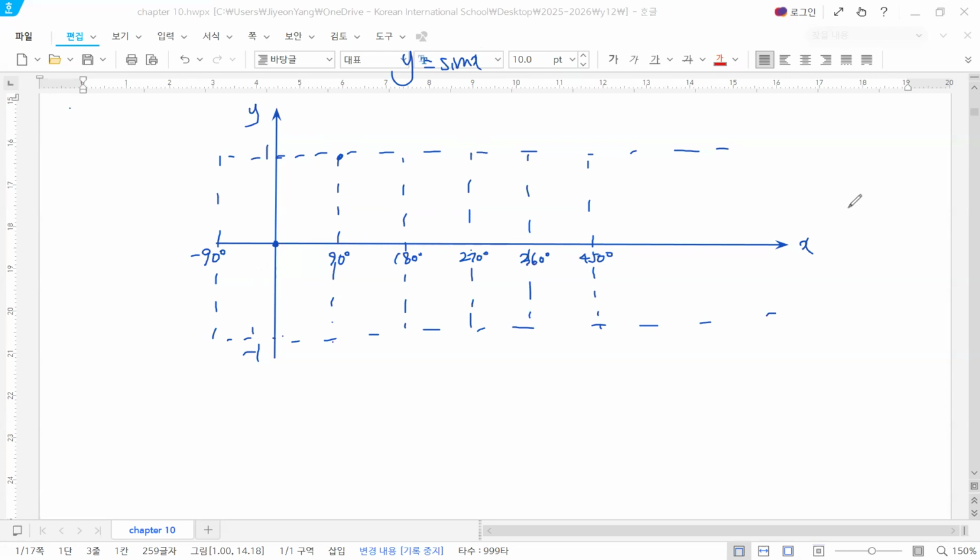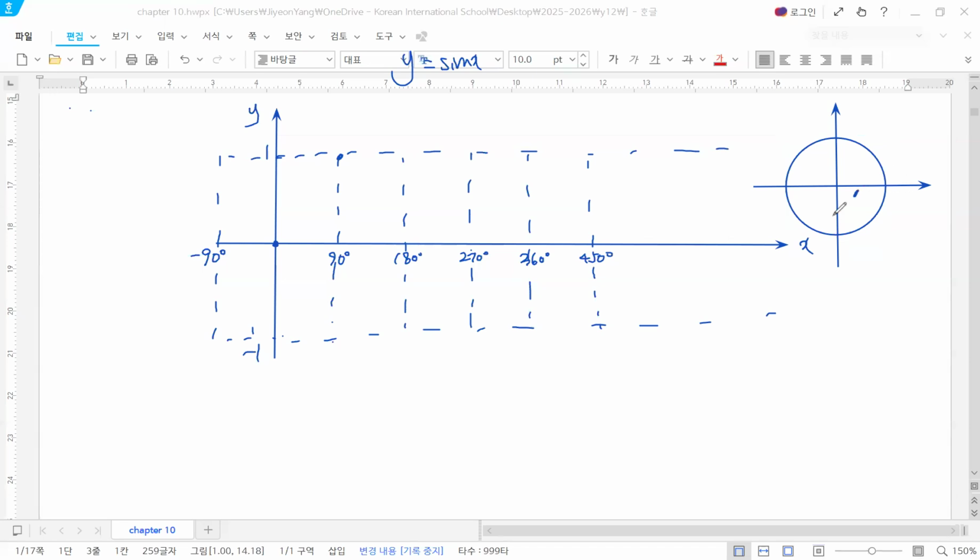However, how about using the definition we just learned, okay? To make it easy, I am going to make this radius 1.